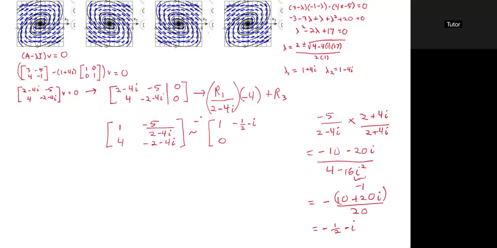When multiplying row 1 by -4 and adding it to row 3, we get simply -4 times -1/2, which is 2, and then -4 times -i, which is equal to 4i. And then -2 minus 4i, which makes this last row equal to simply 0.